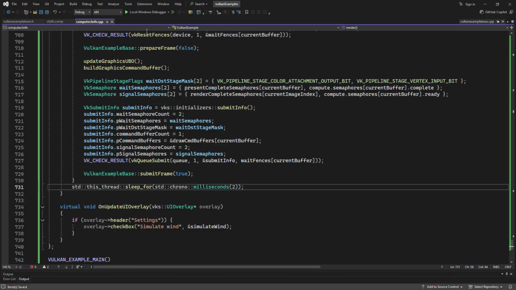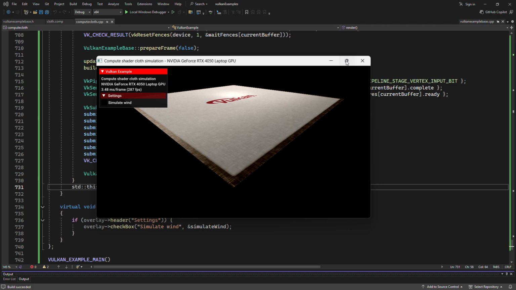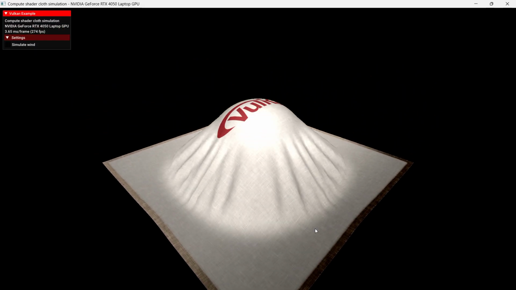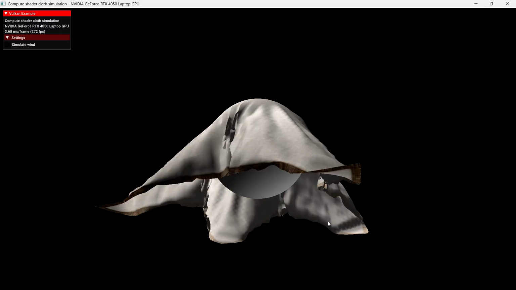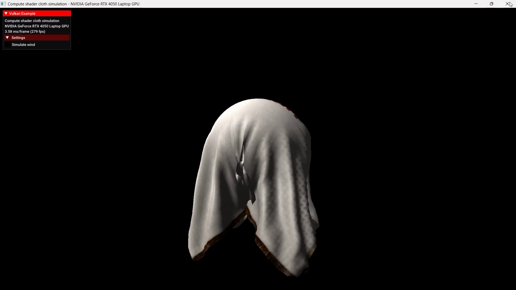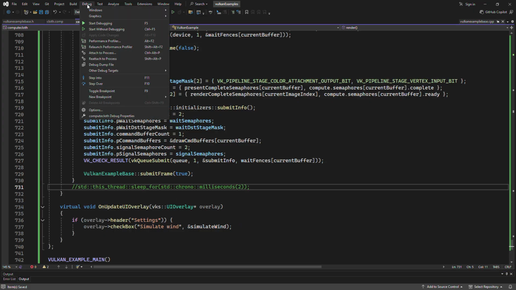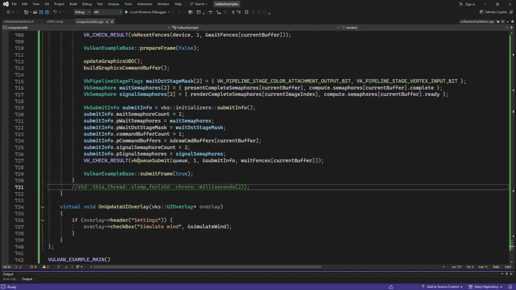If I go even lower, then we get into a higher frame rate, right? But even this lower delay is still something, because if we remove the entire thing, now it goes really fast, right?